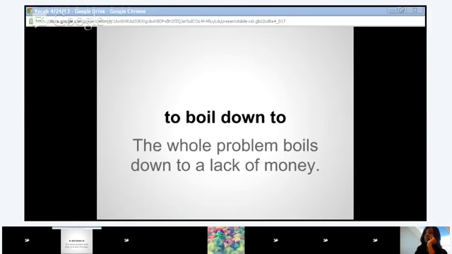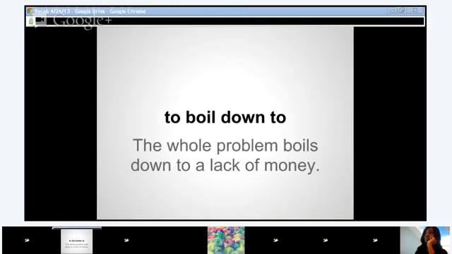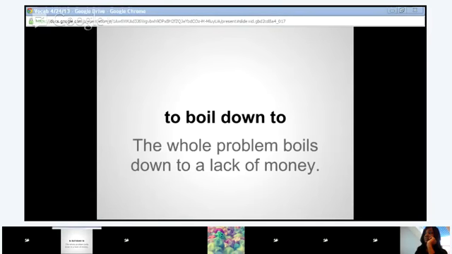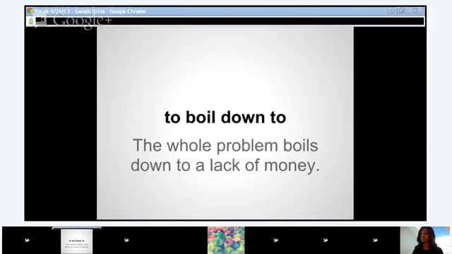Well, to summarize means to explain something in a brief sentence. Right. Briefly. So to make a longer thing briefer, or you could say to simplify. Tell the main ideas. So in this case, the whole problem boils down, or simplifies, to a lack of money. So that's the simple problem, is the lack of money.